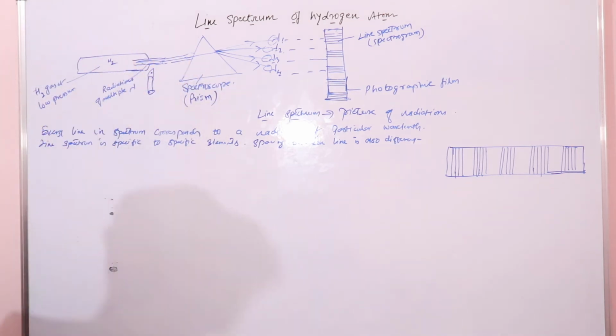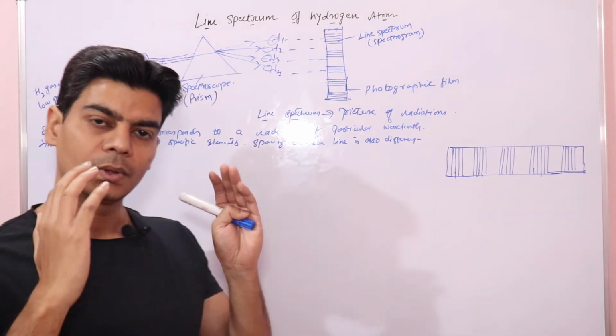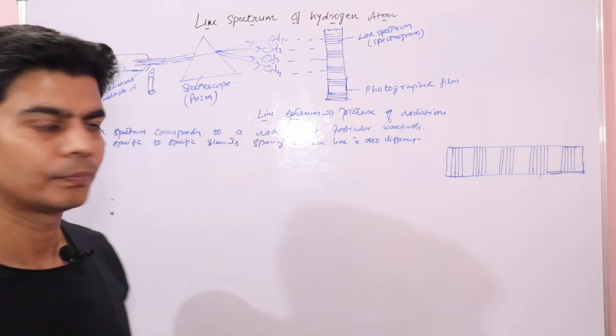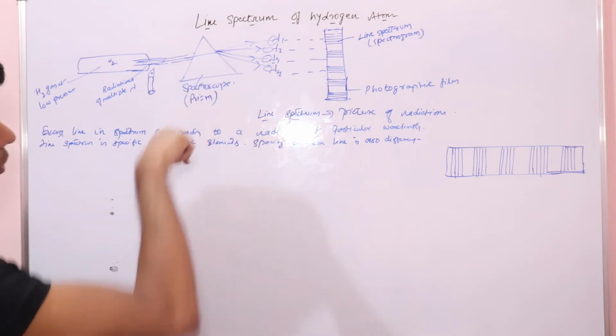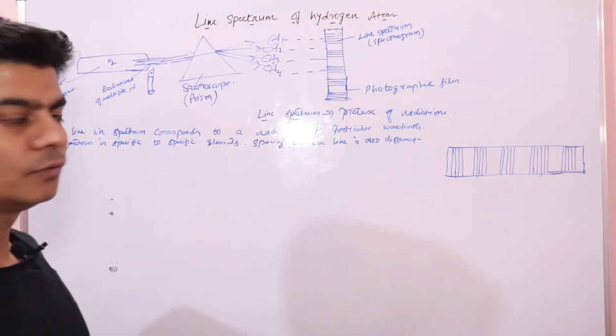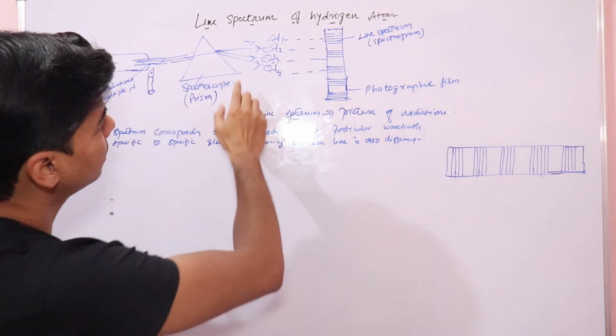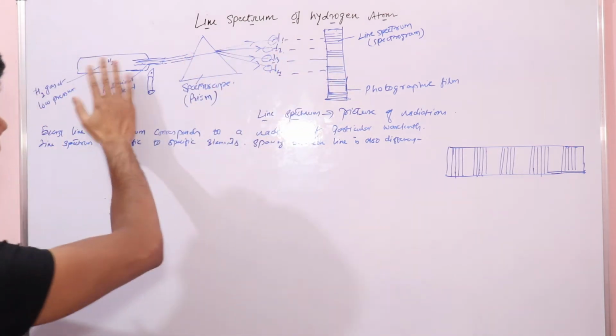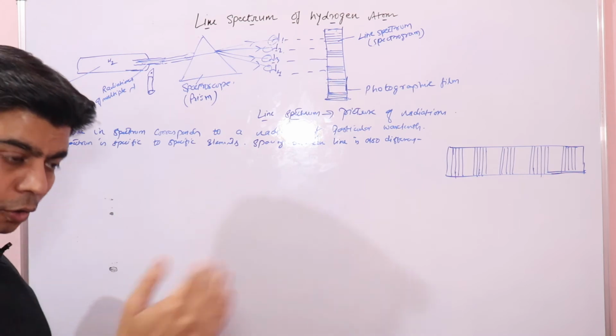When they are resolved by this prism, which is a spectroscope, they get resolved because these are radiations of different wavelengths.